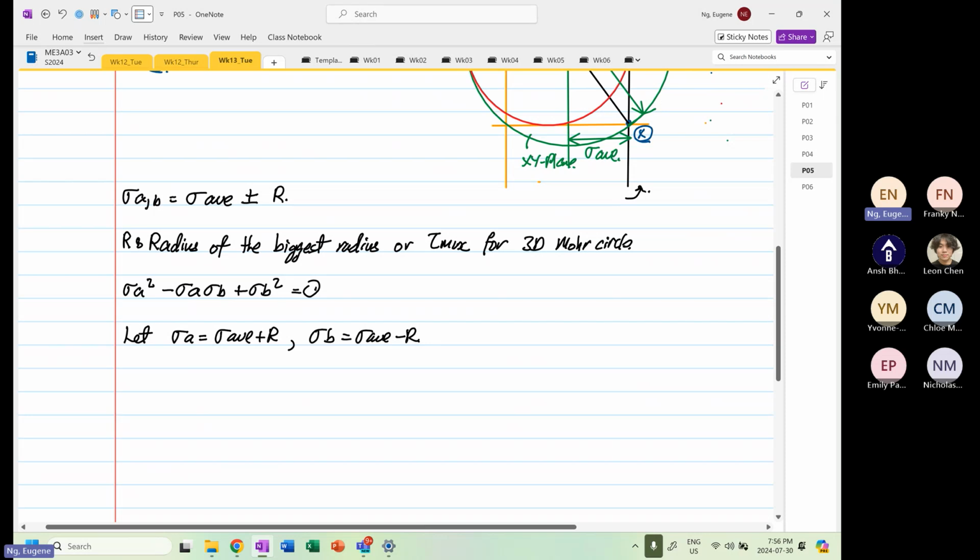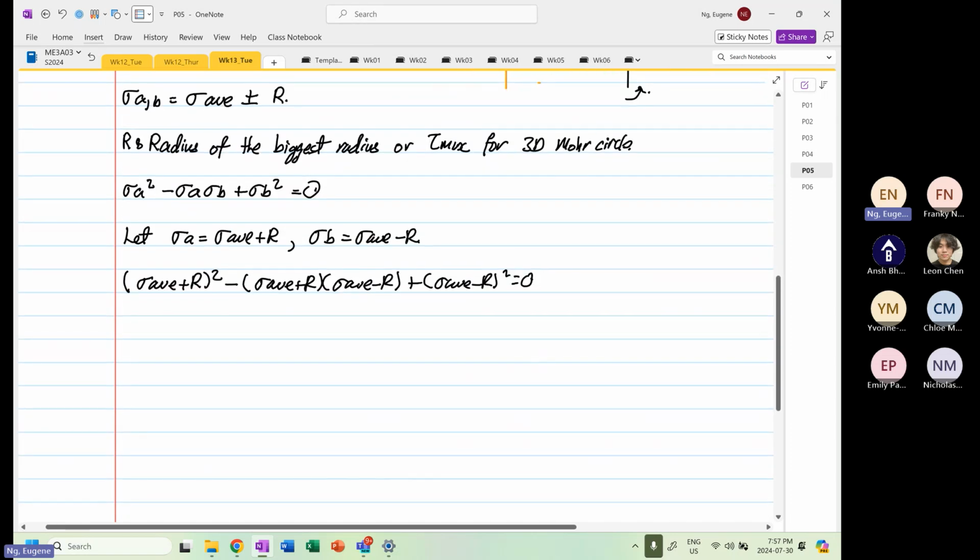So from here, we're going to put everything in. Okay, so we're going to put stress average plus R, squared, minus stress average plus R times stress average minus R, plus stress average minus R, the whole thing squared. Okay, so we expand the term. Plus R squared.